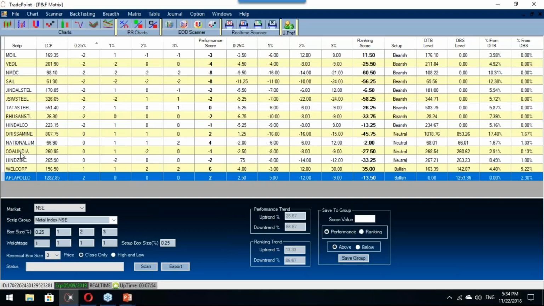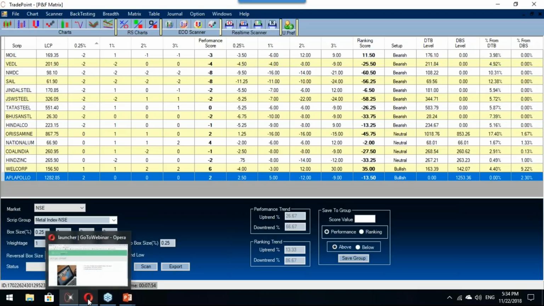So any clue, guys? Any of these stocks? The metal index was down today, so I'm sure about that. I'm just wondering if there were any stocks from this list which was a big loser today. Tata Steel, okay, fine.